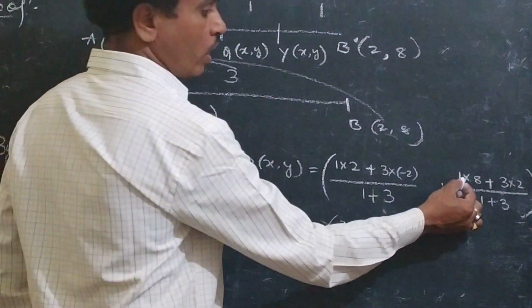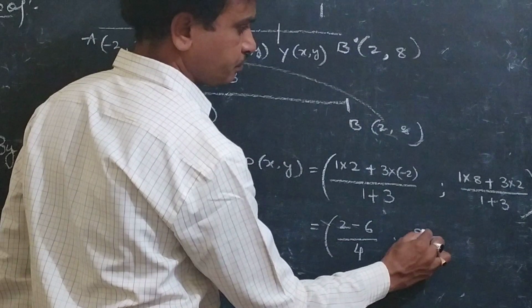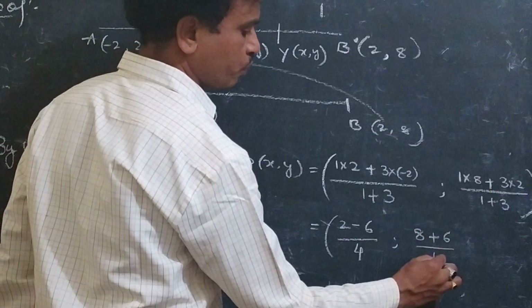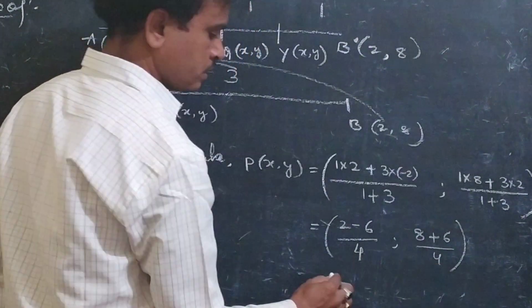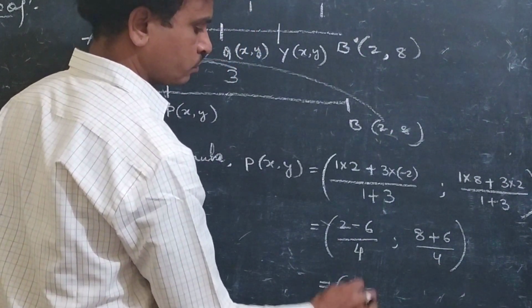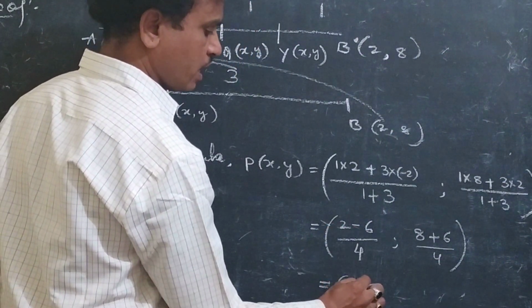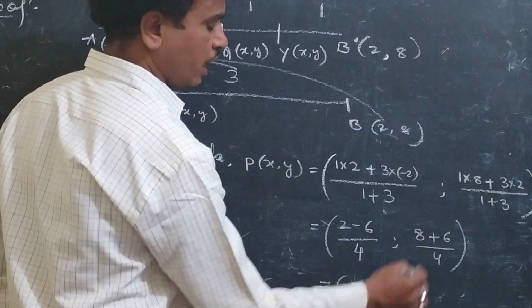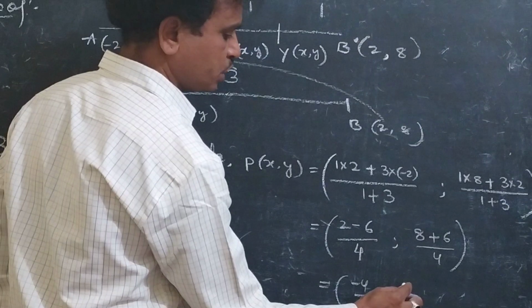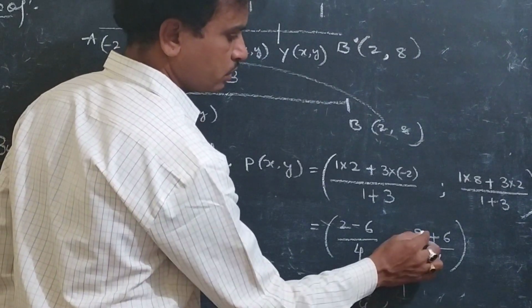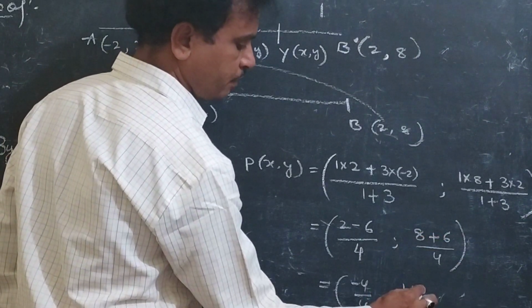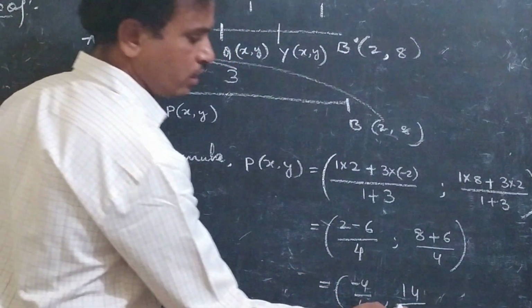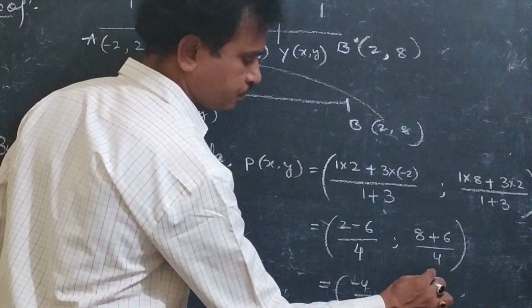Then 1 into 8 is 8, plus 3 twos are 6, divided by 4. So 2 minus 6 is -4 divided by 4. Then 8 plus 6, sorry, that is 14 divided by 4.